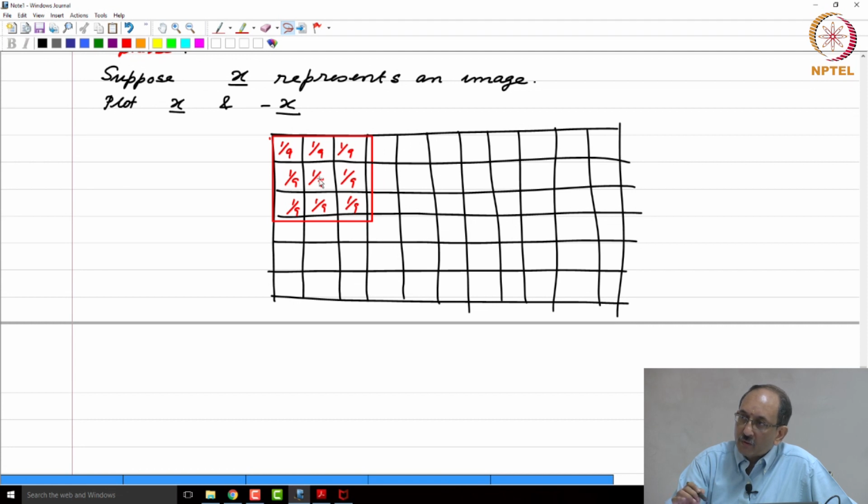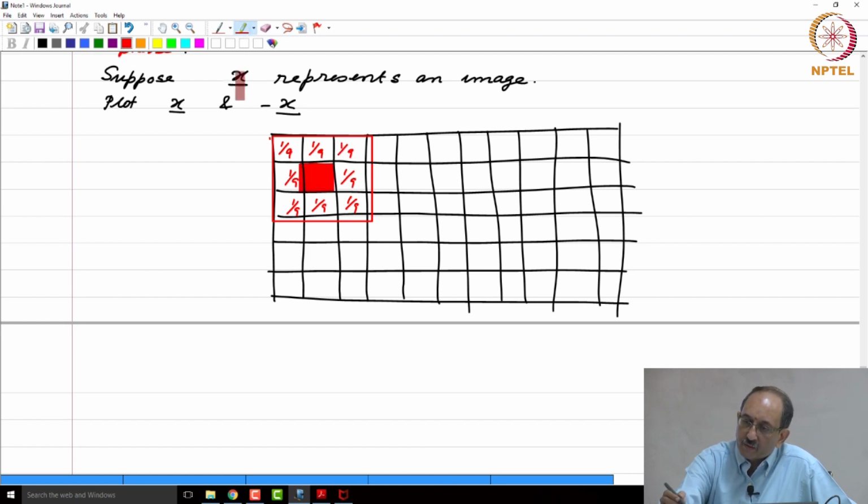The other point to note is that when you average all these 9 pixels, you will get one number. You have to now assign this to one place in the result, right. You want to get the filtered image back. So, when you average these 9 pixels, you get one pixel value. Where would you place that pixel value? Intuitively, you will clearly place it here.